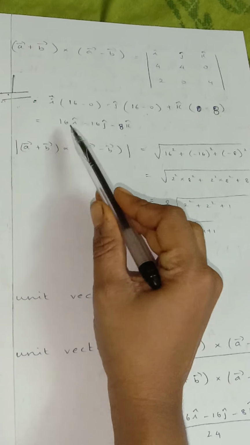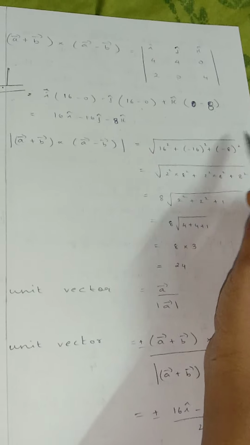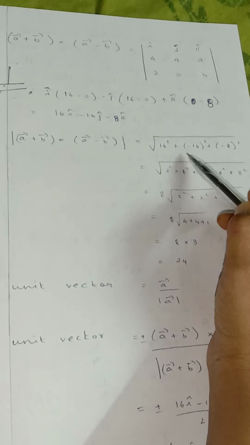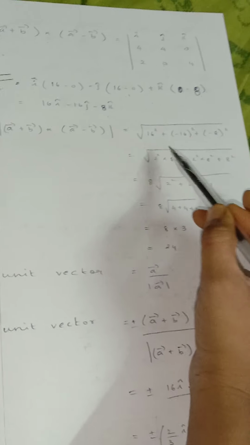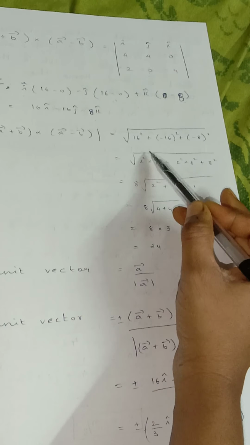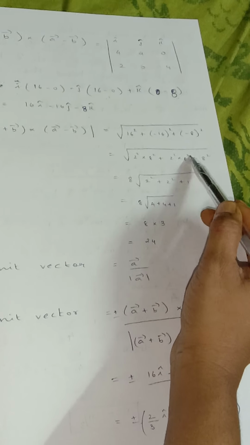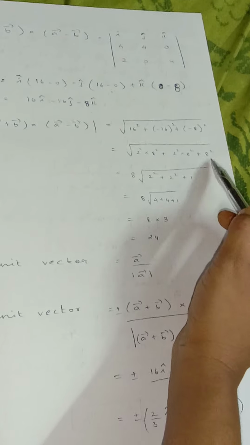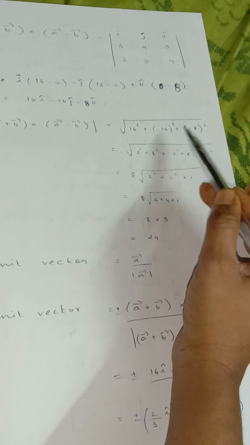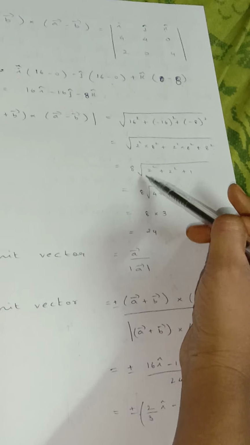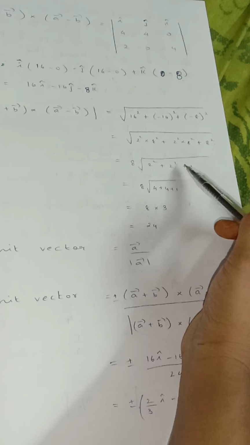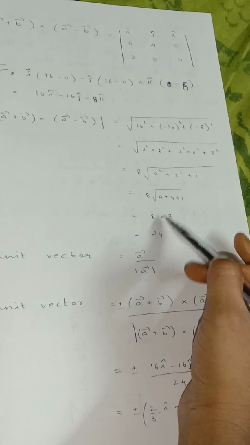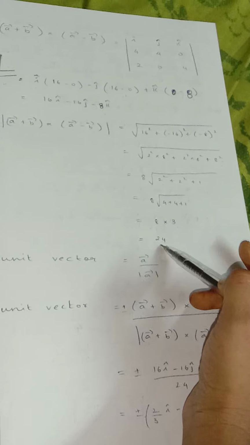Then I should find the magnitude of this vector using root of 16 square plus 16 square plus 8 square. So 16 square I can write as 2 square into 8 square, 2 square into 8 square plus 8 square. You can take 8 square out, and the root will become 8. So 8 into root of 2 square plus 2 square plus 1, so 8 into root 9, so 8 into 3, 24.